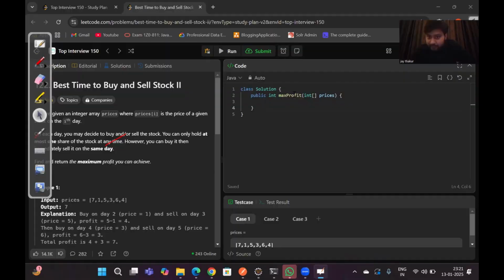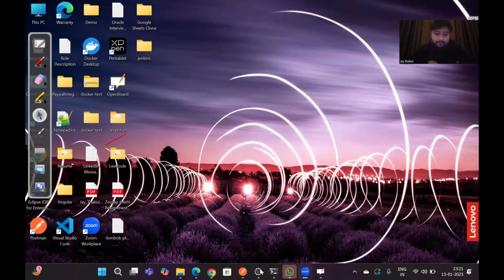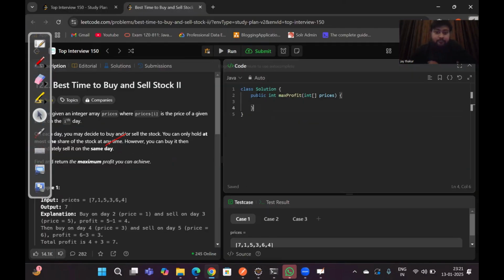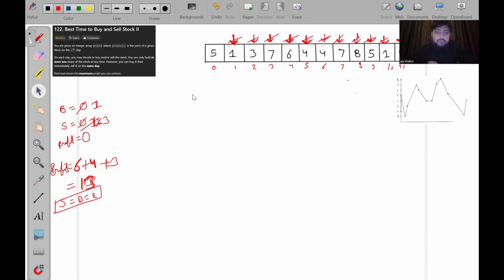The function we have to implement is maximum profit, and prices is the array representing the prices of the stock.